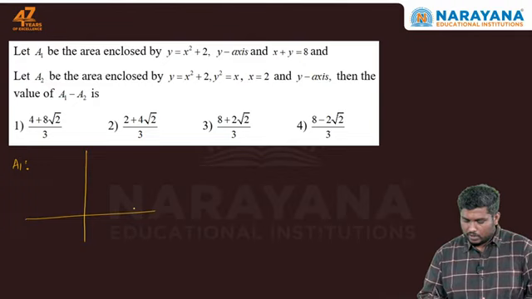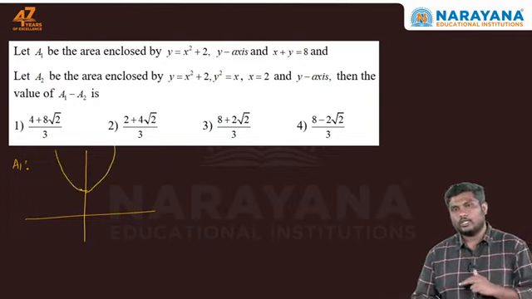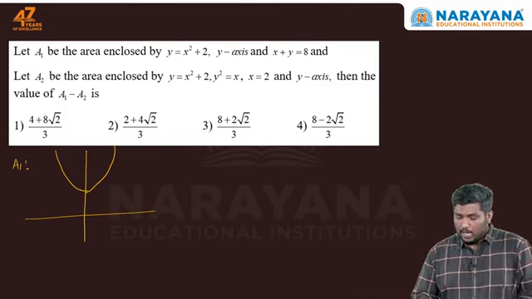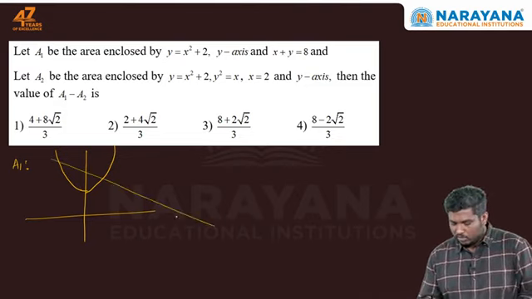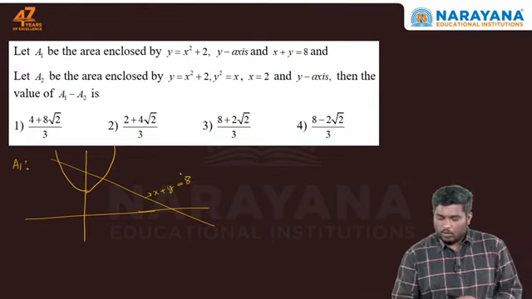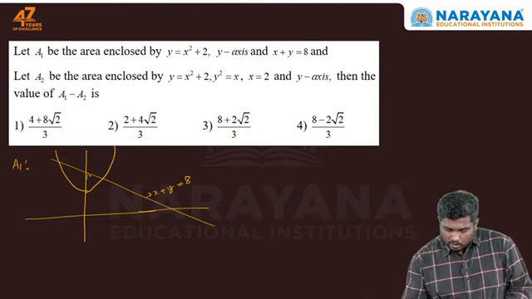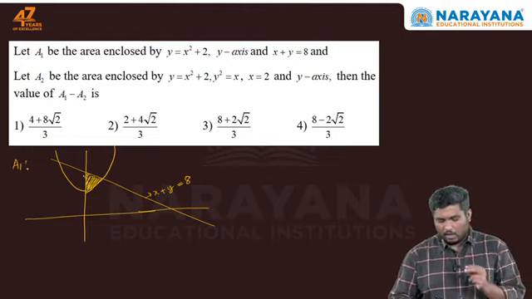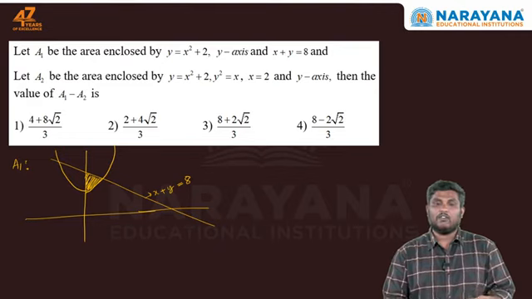If I have to sketch the curve, y is equal to x square plus 2 is 2 units above origin, and then there is a line x plus y is equal to 8. This is x plus y is equal to 8. Now, and y axis. So guys, this is the area under the line, the curve, and y axis.